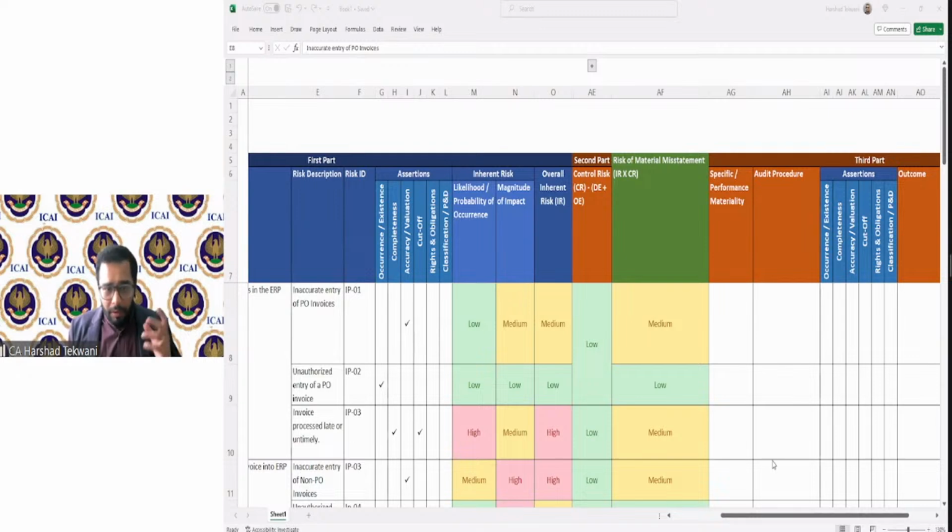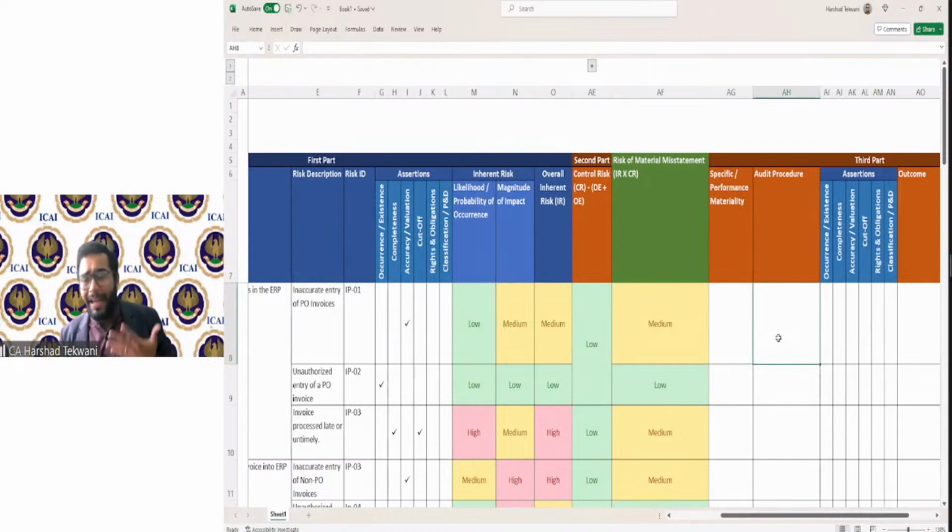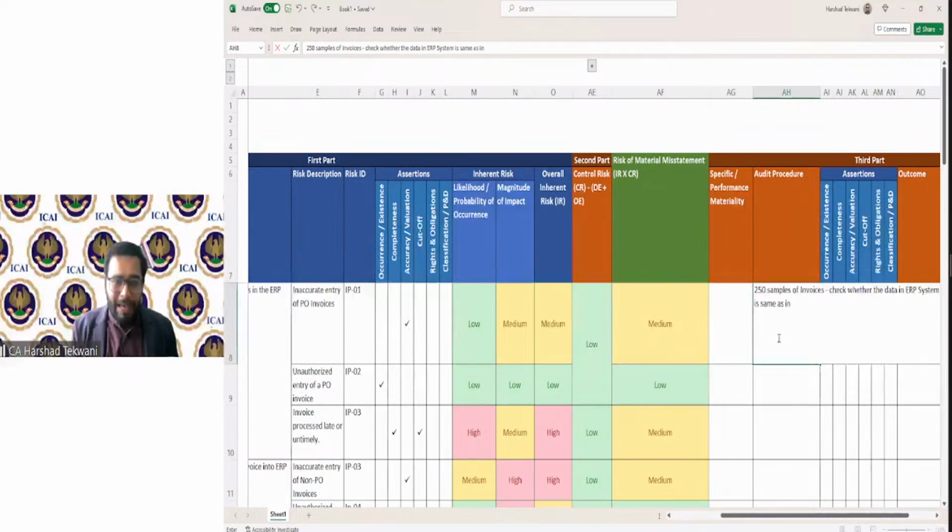Very good, Yedukundanu. Yes. So what I'll do is pick up some samples. Let's say, as a hypothetical example, I'll pick up 250 samples of invoices and check whether the data in the ERP system is the same as in the hard copy invoice.